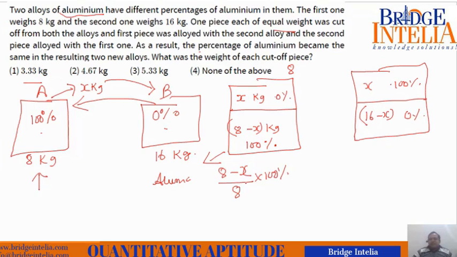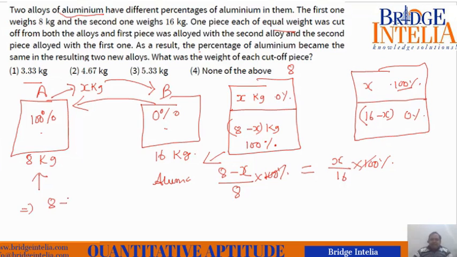What is the final content of aluminium that you are going to get here? X out of 16, because entire 100% of x is aluminium. So x by 16 into 100%, and both these percentages have to be equal.